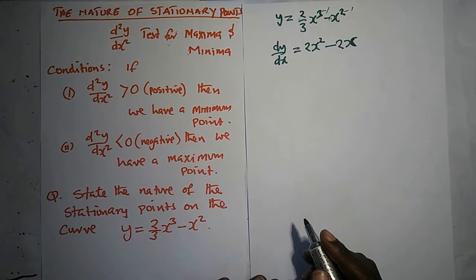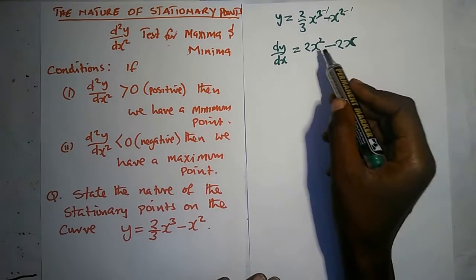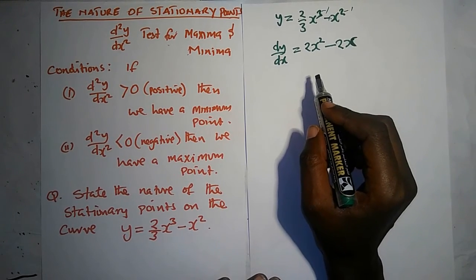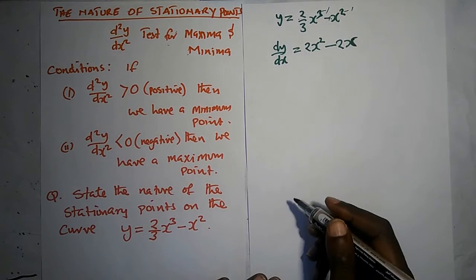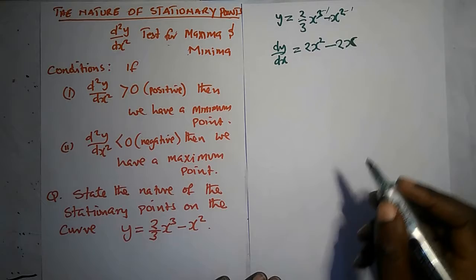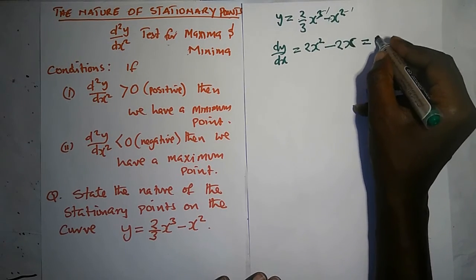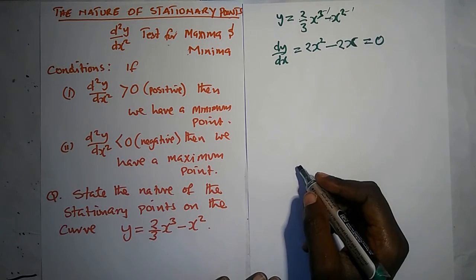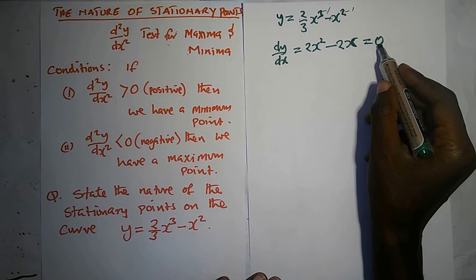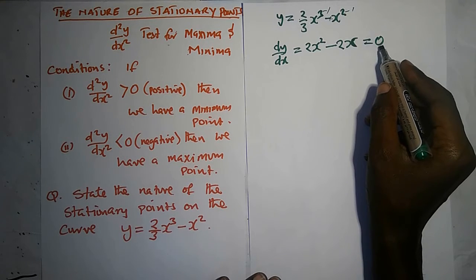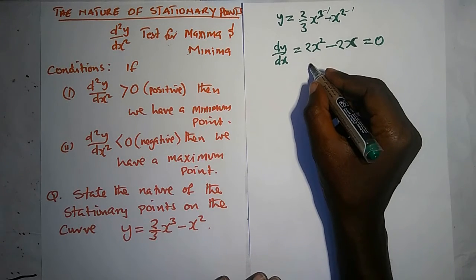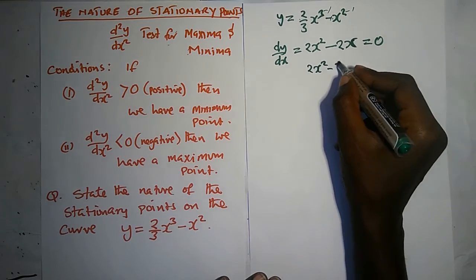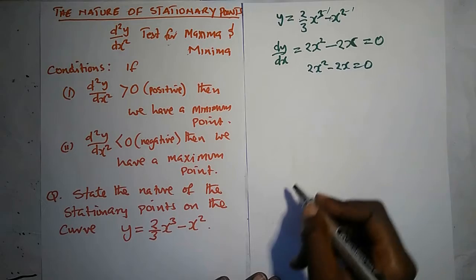The second step is to find the values of x that make this function have a minimum or maximum point. We equate it to 0, because this is the condition for stationary points to exist. So we have 2x squared minus 2x is equal to 0.